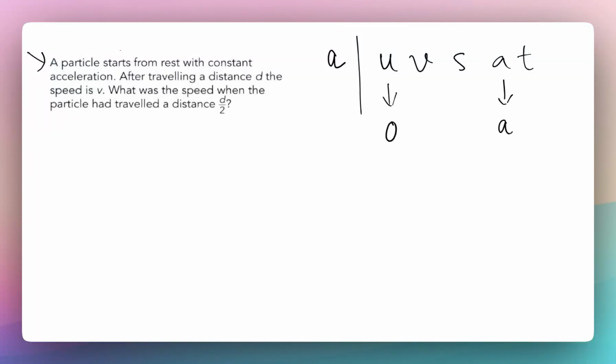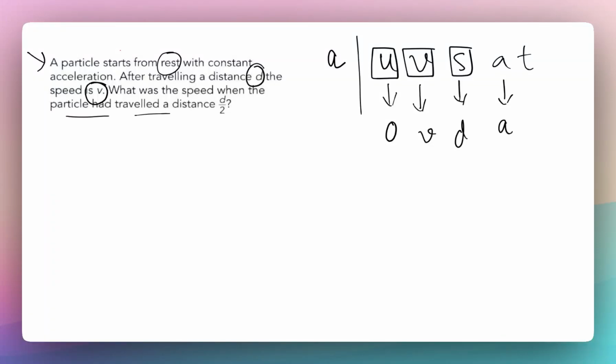After traveling a distance d, s is equal to d, and my velocity is given to be v. So three things are given: u, v, and s. u is 0, distance d, and the speed is v. What was the speed when the particle has traveled a distance d/2 is what we have to find out.